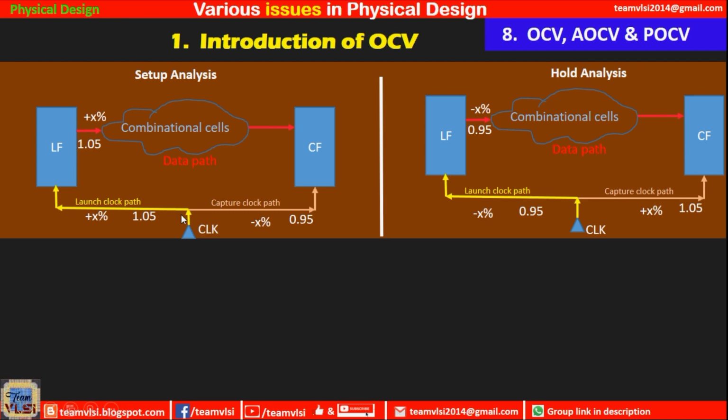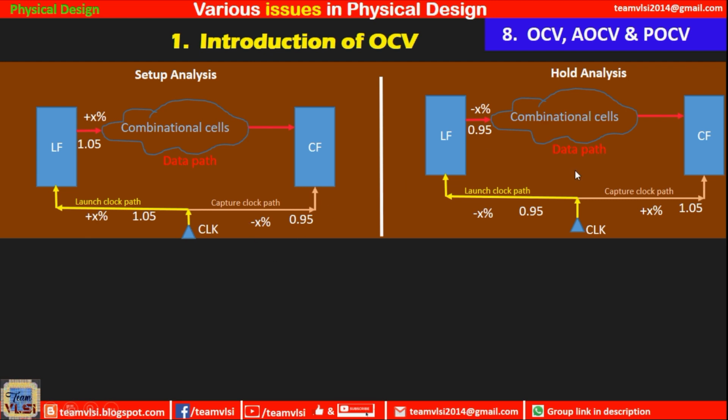The path from the clock pin to the launch flop is called the launch clock path, the path between the launch flop and the capture flop through the combinational cells is called the data path, and the path from the clock pin to the capture flop is called the capture clock path.